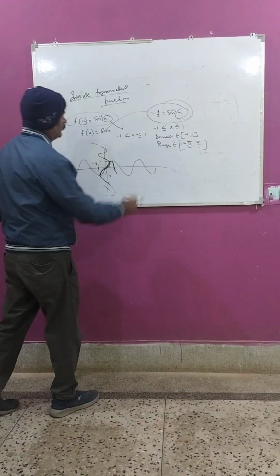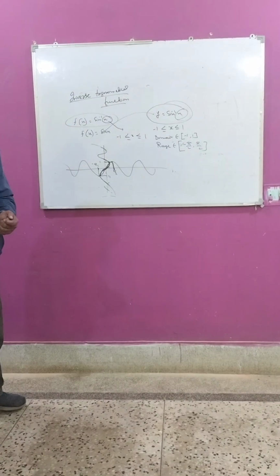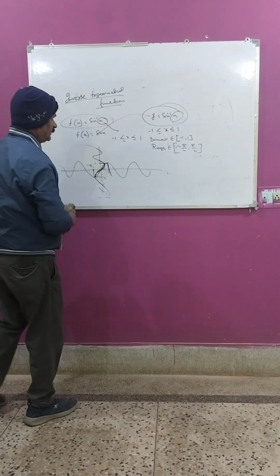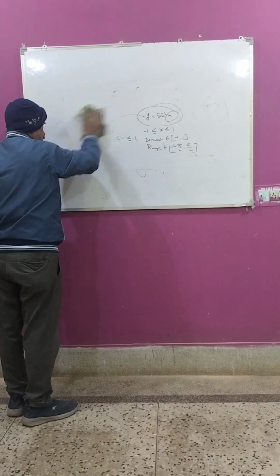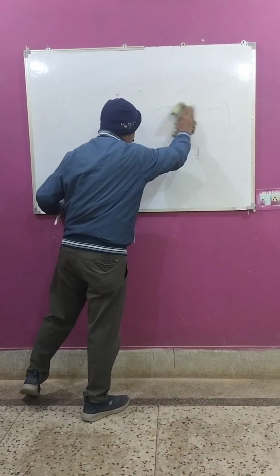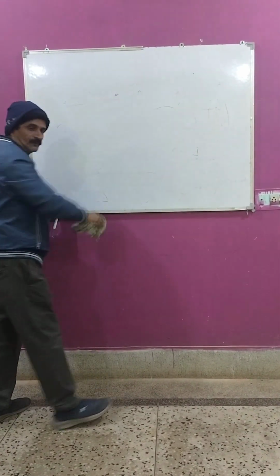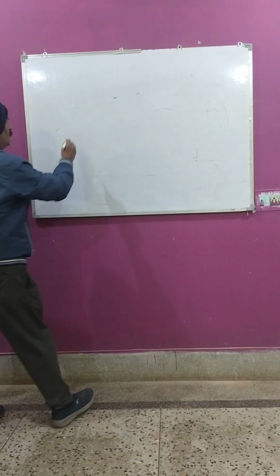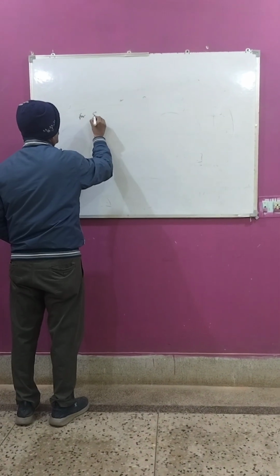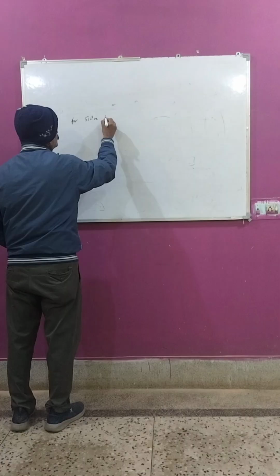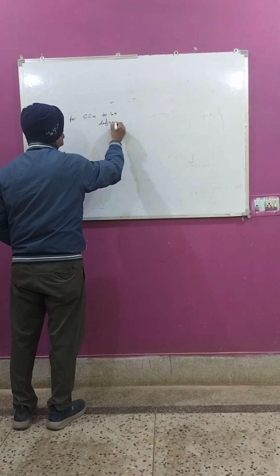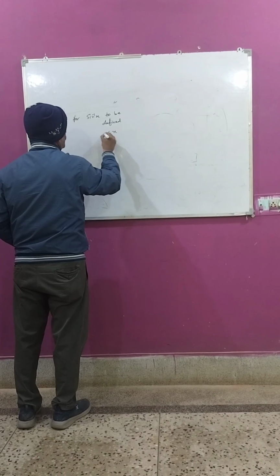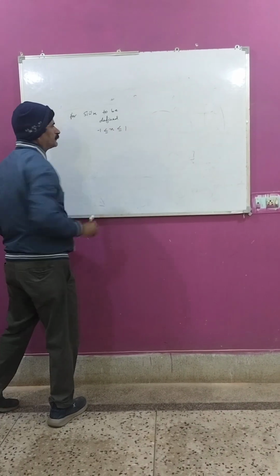Okay, now we discuss some questions here. For sin inverse x, what you see here is that for sin inverse x to be defined, x should be -1 to 1.